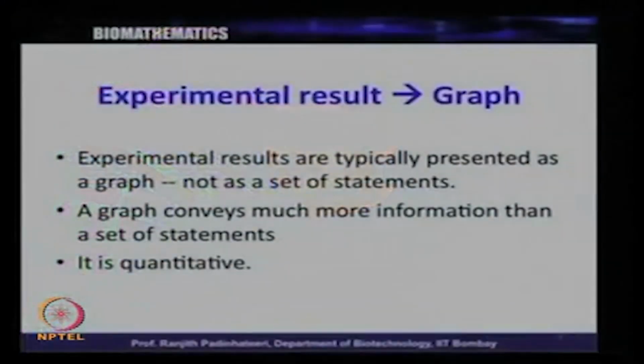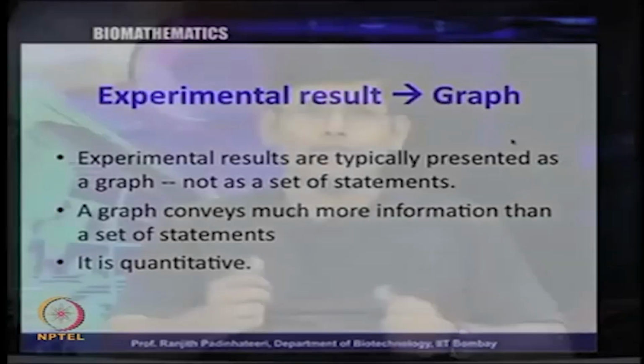So, what we discussed last time is as seen in the slide: the relation between experimental results and graphs. When you do an experiment, you get a set of data and you plot this data as a graph.